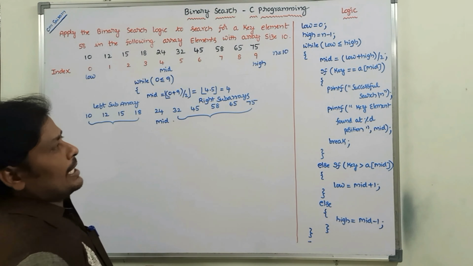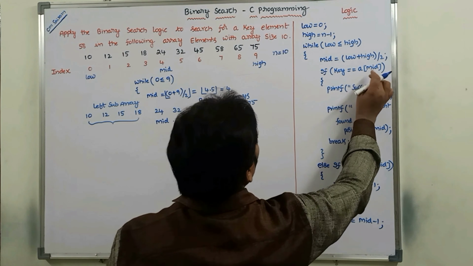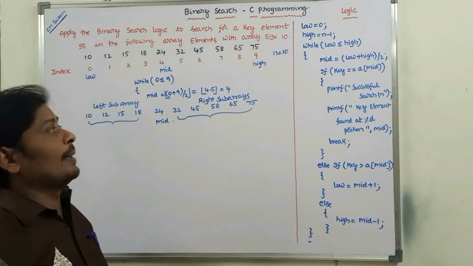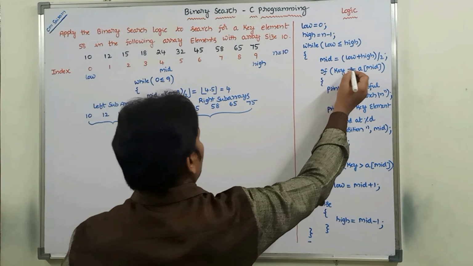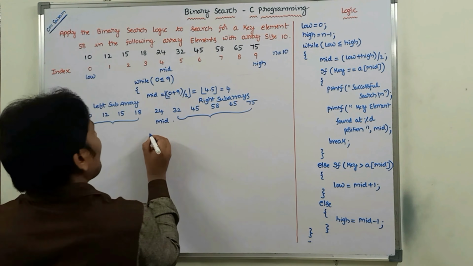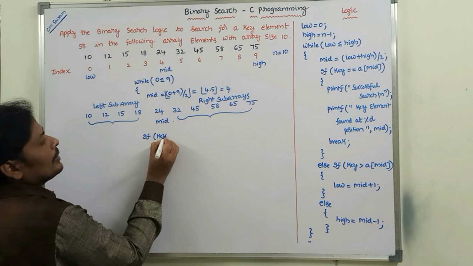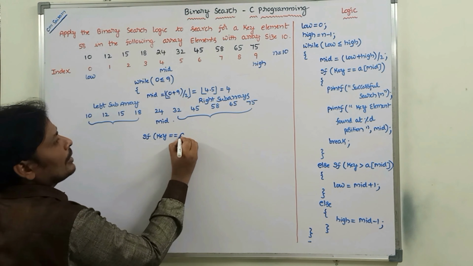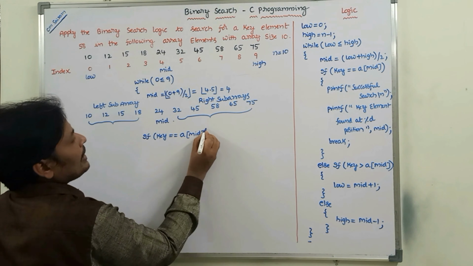Next step is: if key equal to A of mid. What is the key value?